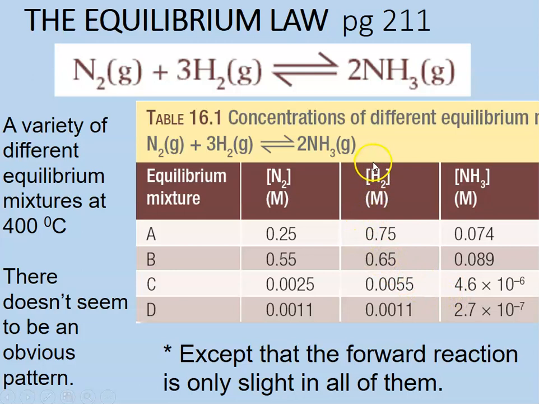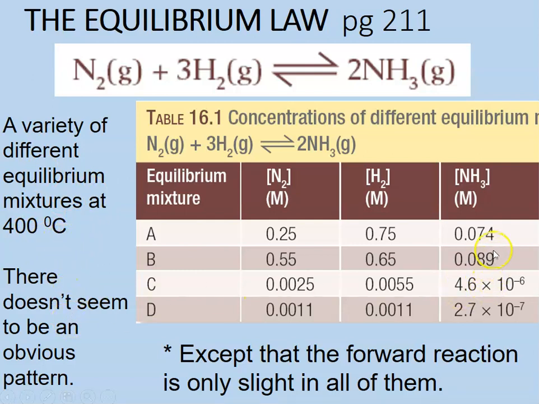So they thought that it would be some sort of fraction. The equilibrium constant, the fraction that we're looking at, is dependent on temperature. So this value changes if the temperature changes, and we always have to quote temperature.